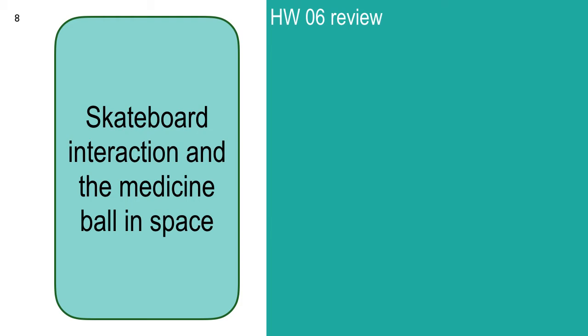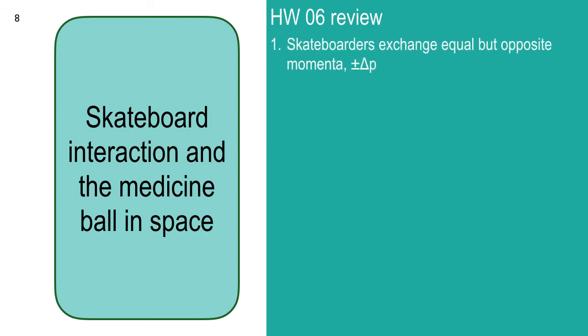And the last one was a calculation of how much momentum Gregory got, I think. And then the second one I want to review is the one with the medicine ball in space and the tractor beam and stuff. And you're going to have some clicking to do when we get through this. So let's do a little homework 6 review.